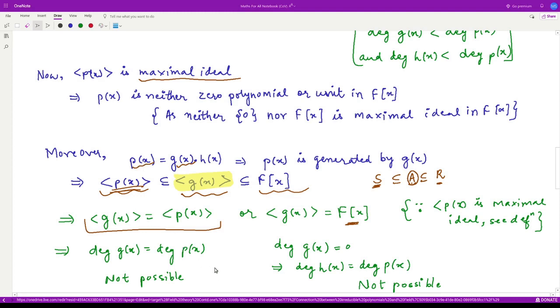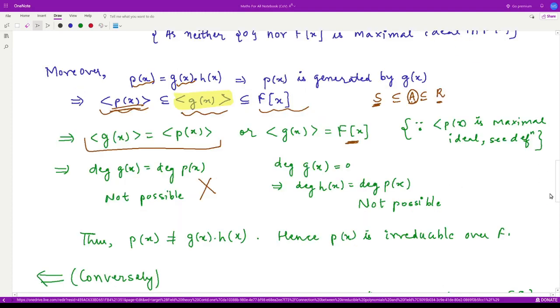So this cannot be possible because it leads to a contradiction, that whatever we have supposed is wrong. We have supposed that the polynomial p(x) is reducible, so in that case this cannot happen.